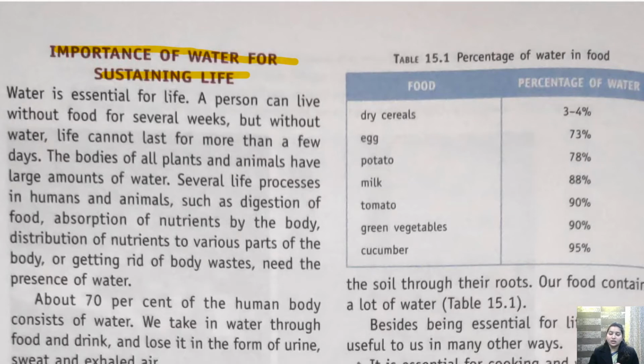In urine, the maximum amount of water is released. During exhalation, when we exhale carbon dioxide, water is also very essential in that process. Getting it? So water is very essential in cleaning our body also, and it is required in the process of digestion and absorption of nutrients. In all the processes we require water.